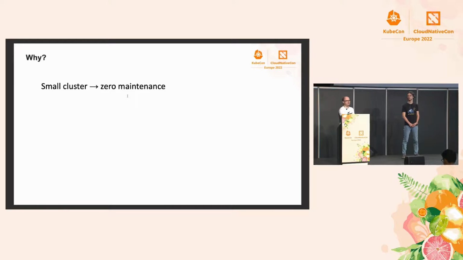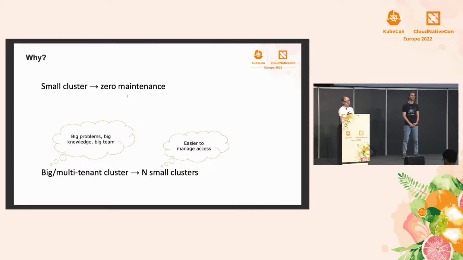This kind of operator would help you get started with your logging without caring about learning Elasticsearch too much. For bigger clusters, usually these clusters are multi-tenant, and you could split them more easily because it's not such a big maintenance burden to have multiple clusters if you have the operator.